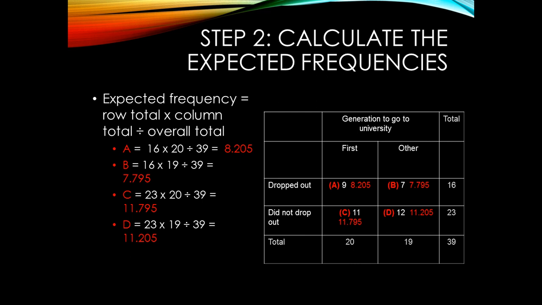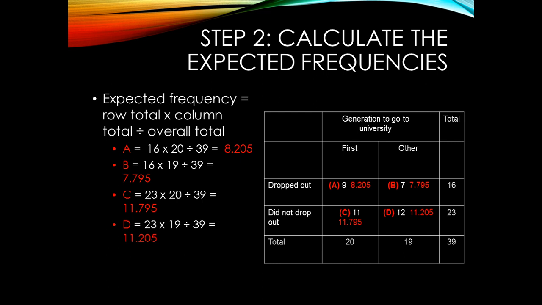And if we do 16 times 20, you might want to do this on your calculator. If you would like to pause this whilst you press buttons on your calculator, feel free, and then restart when you've found the answer. Or if you're very quick at pressing buttons, you might already have found it. 16 times 20 works out as 320. We then divide that by 39. Why 39? Because that's the total number of people who've taken part in this experiment.